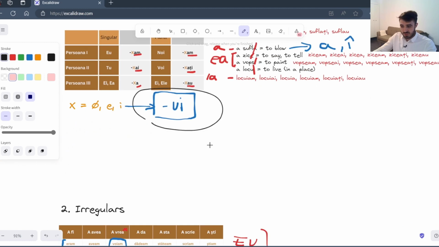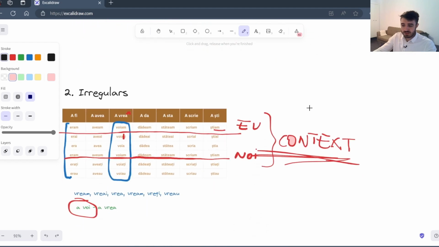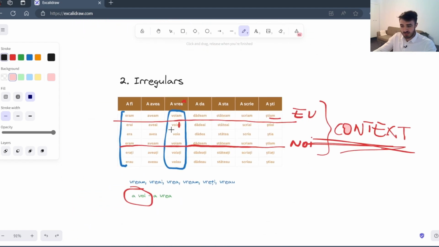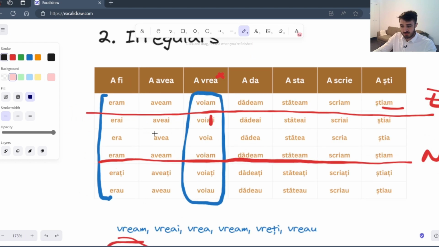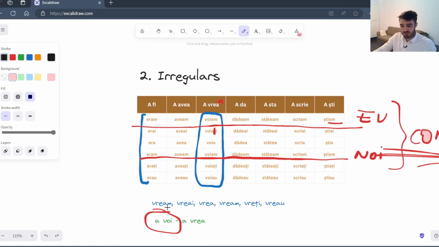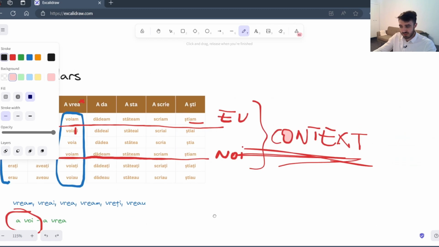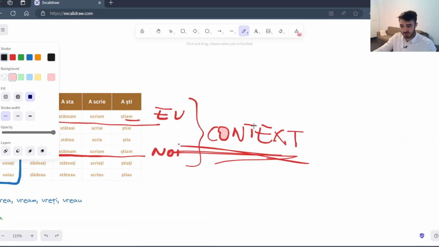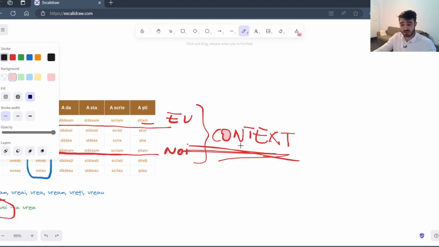There's also this special one, ui. And then for irregulars, there are a couple of strange ones. Don't forget about a vrea. It's not really a vrea in Romanian. Most people will not use a vrea, will use a voi. And a fi is very, very different. And also don't forget about eu and noi. And it really depends on the context.